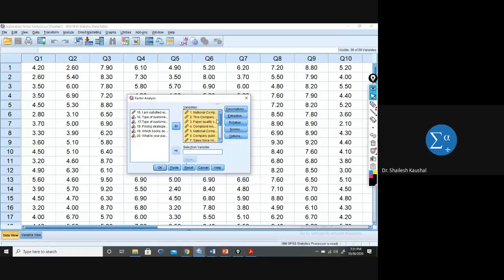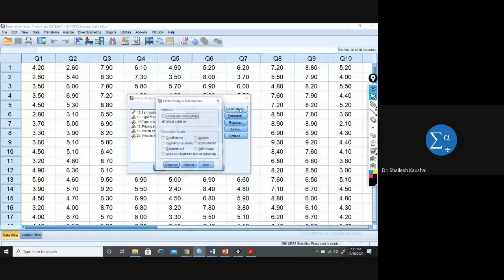Then descriptive. I am taking univariate. Second, the coefficient correlation matrix, and then KMO and Bartlett test of sphericity, and another, anti-image.